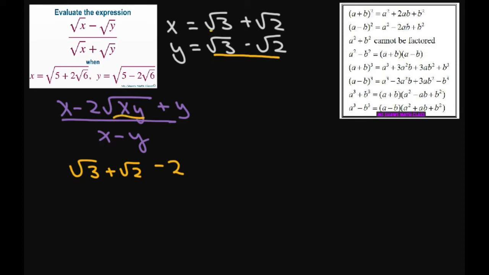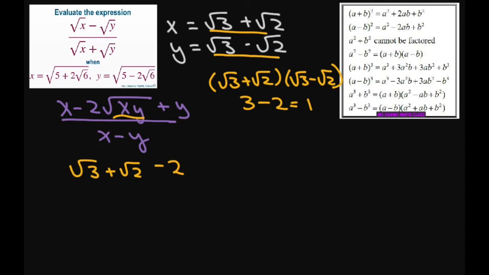So if you multiply these two together, that's the same as difference of squares. So this is just going to be 3 minus 2, which equals 1. So that's just going to be times 2, or minus 2, plus your y. And your y is square root of 3 minus square root of 2.